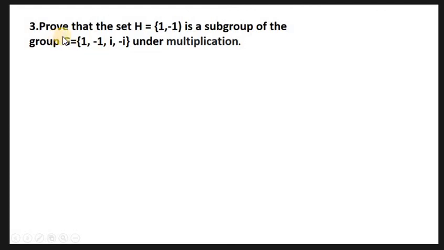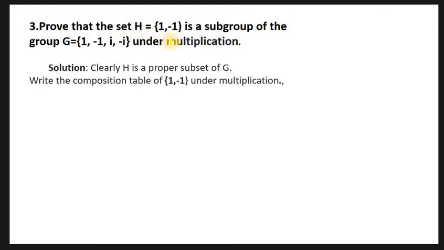Problem 3. Prove that the set H = {1, -1} is a subgroup of the group G. G = {1, -1, i, -i} under multiplication.